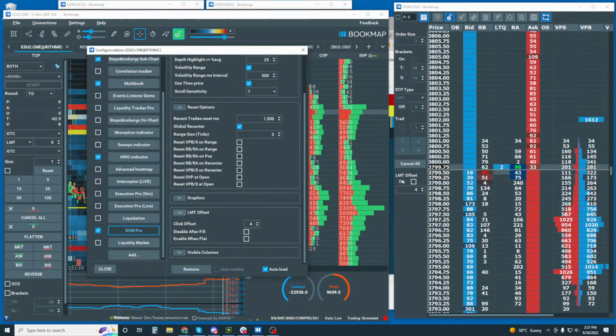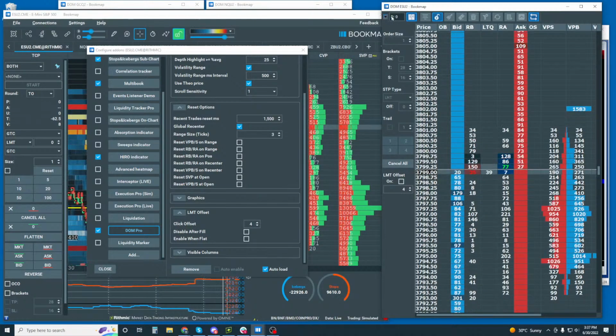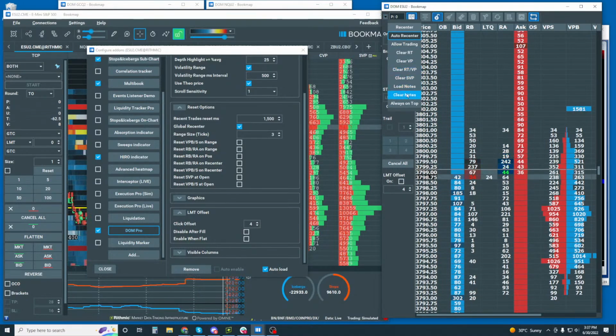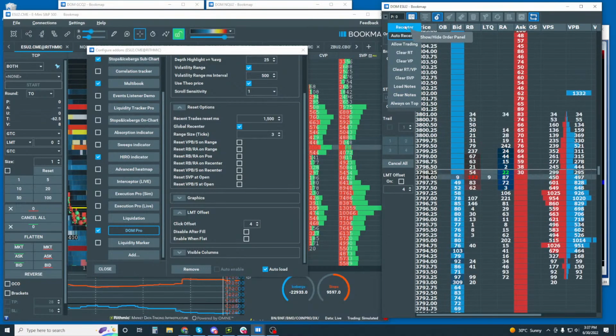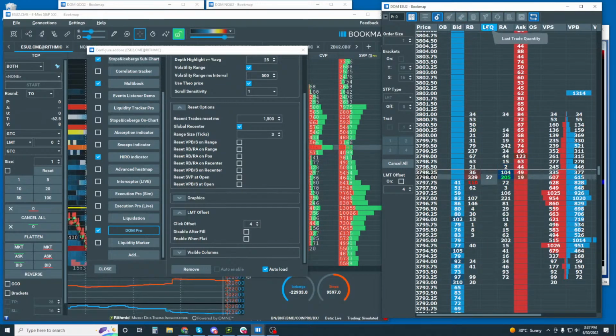All right, so let's go through it. It's also here in the toolbars on the DOM. We see the position size up here. If you click on the little arrow here, these are all the tools that are on the toolbar, just in text form.